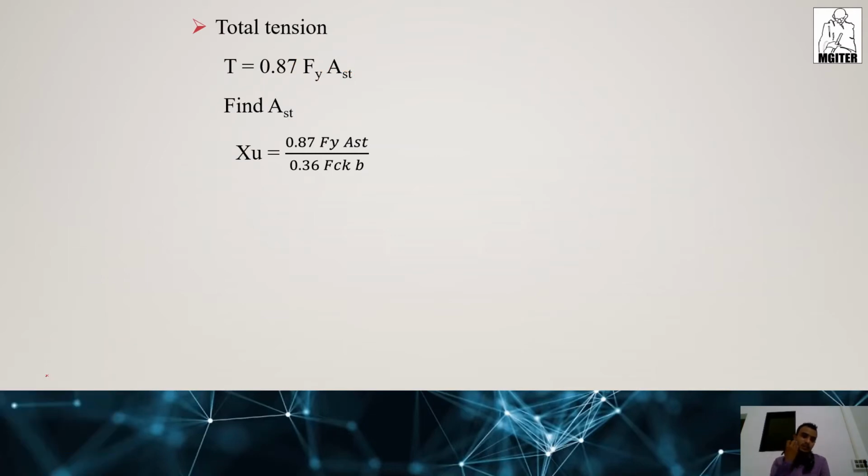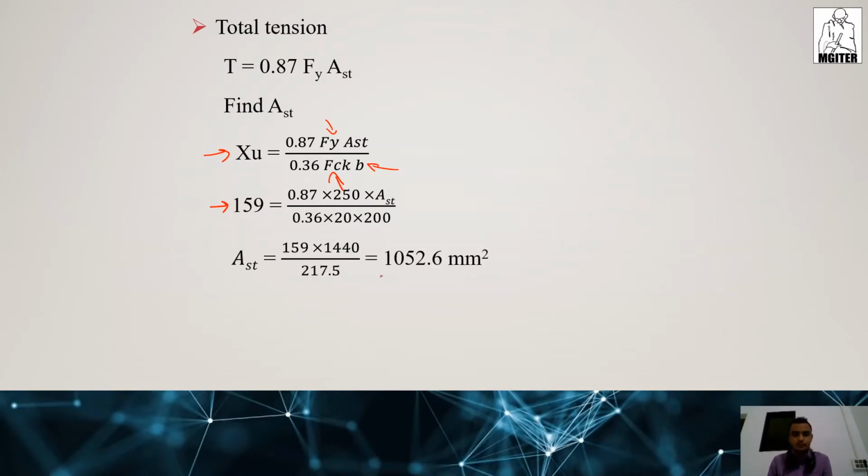Ast is missing, so we have to find Ast, and for that we use the xu equation: xu = 0.87 fy Ast divided by 0.36 fck b. fy is the grade of steel, fck is the grade of concrete, and b is the width of the beam. With xu as 159, fy as 250, and Ast unknown, from all the values we can find the area of steel in the tension zone: 1052.6 mm square.